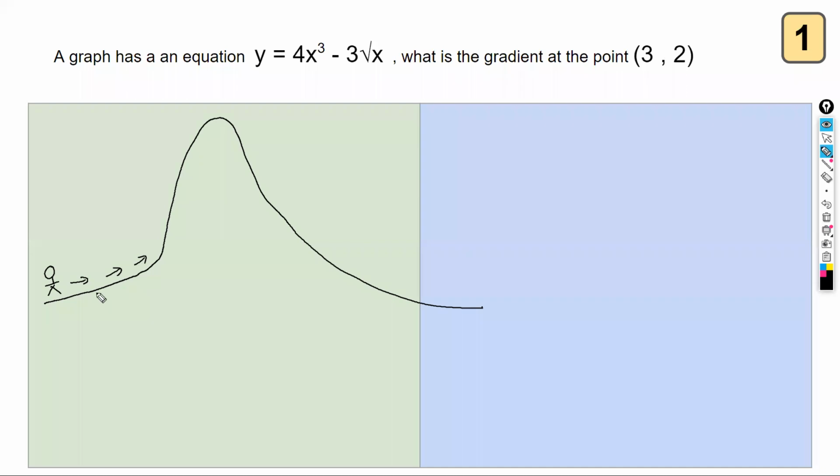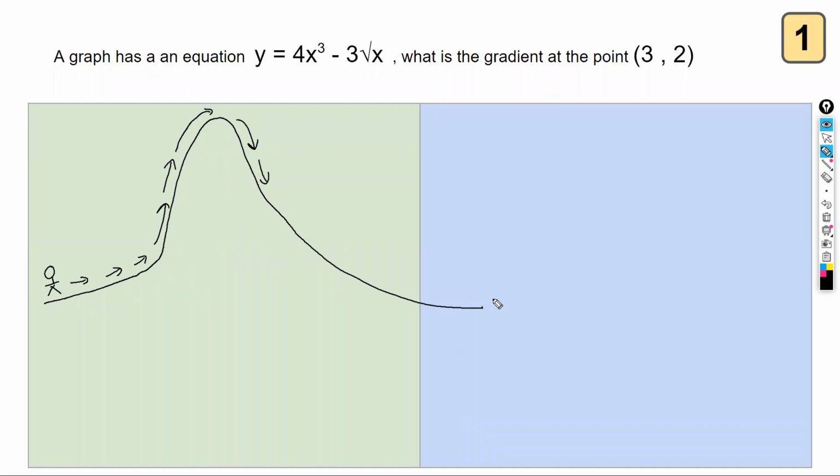Here is not so steep. In other words, the gradient is small. Then all of a sudden, the gradient sharply increases. And then, of course, the gradient becomes negative and goes downwards. The point is, in a curve, the gradient continuously changes.